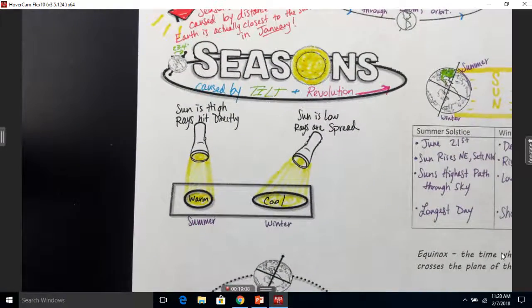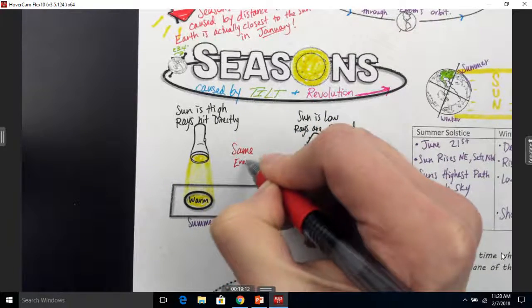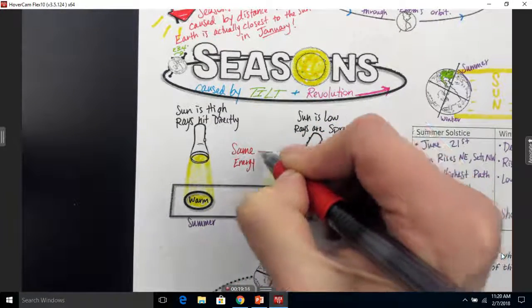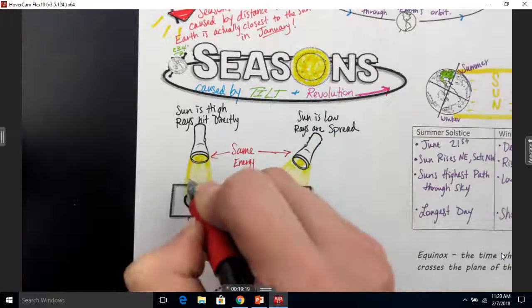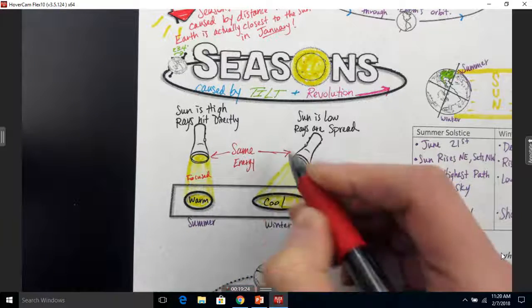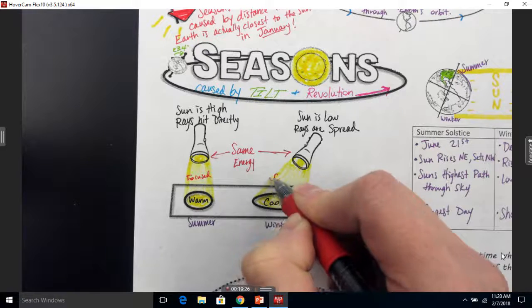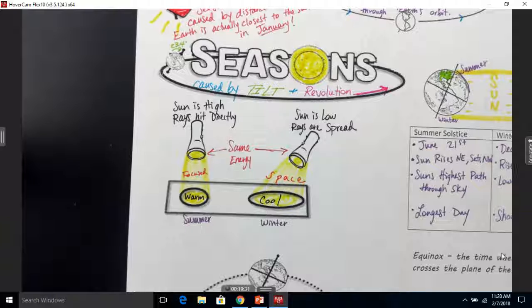So it's the same energy because it's the same sun, right? But these are focused, and these are not focused. They're spaced. We got space between them, right? They spread out. They're far. Does that make sense? Okay.